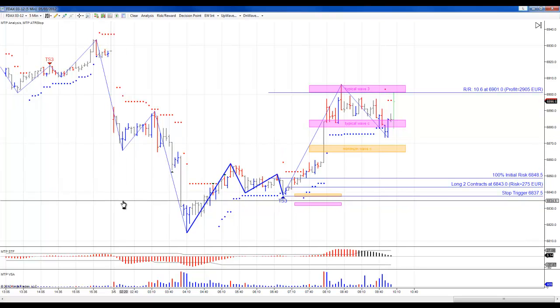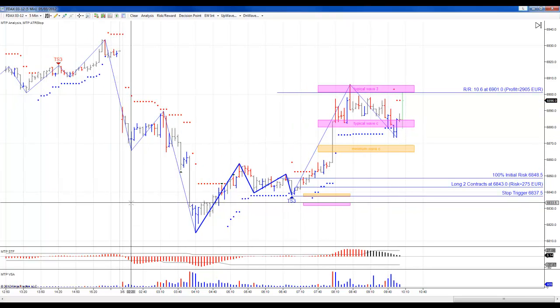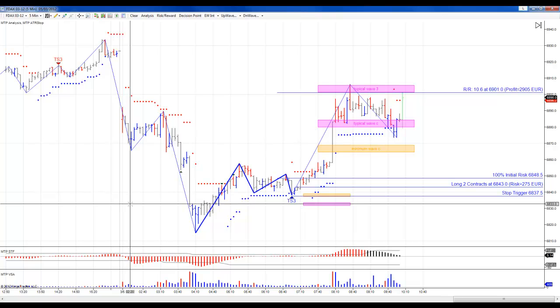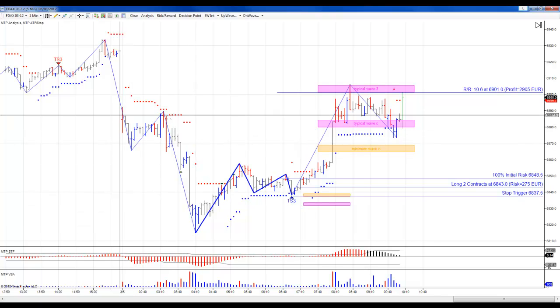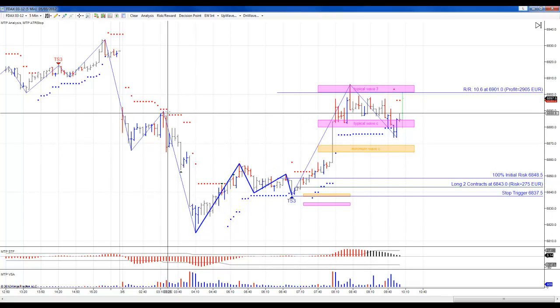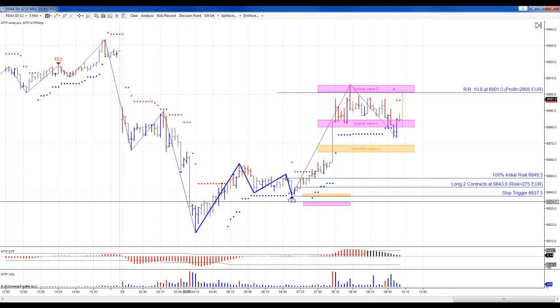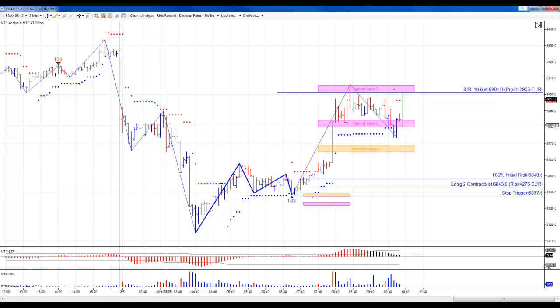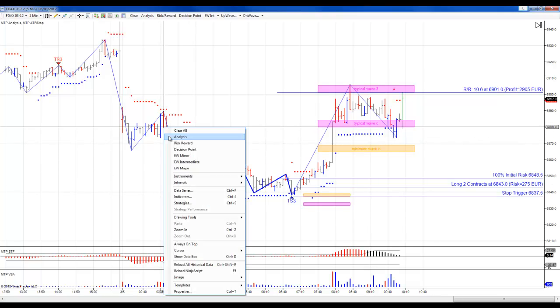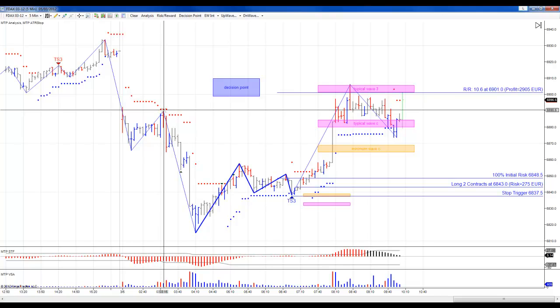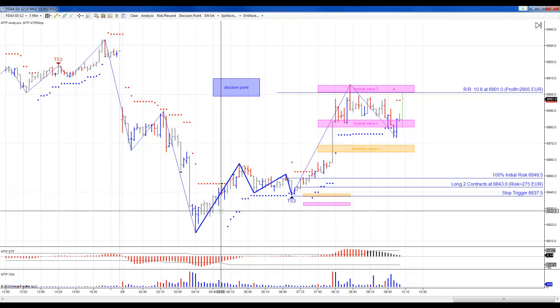Also, from another MTPredictor analysis technique, for the more advanced MTPredictors among you, you remember that I teach that we look at the last swing into the high or low. This is the last swing down into this low, so we come back to the previous high, which is here. We put our decision point on from this level, and this also gives us a target for the initial rally, or the rally off this low.